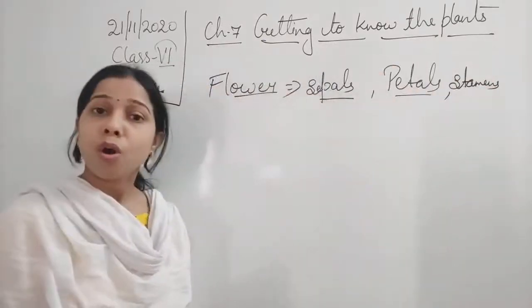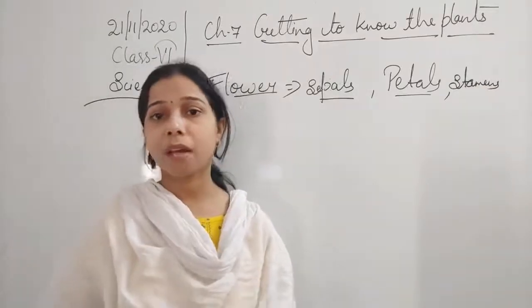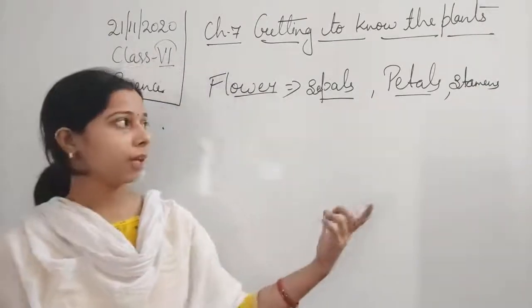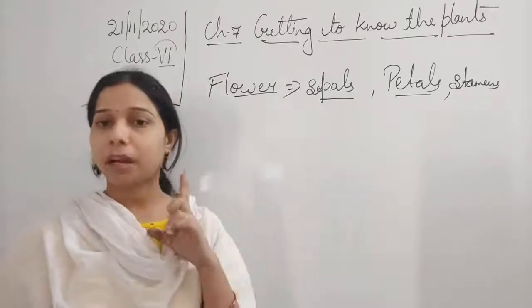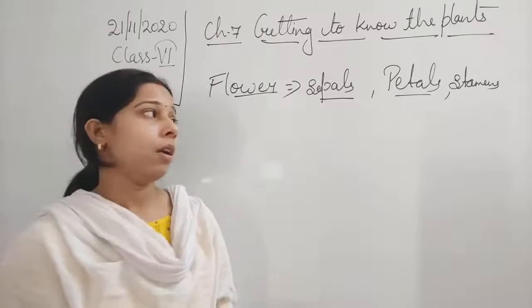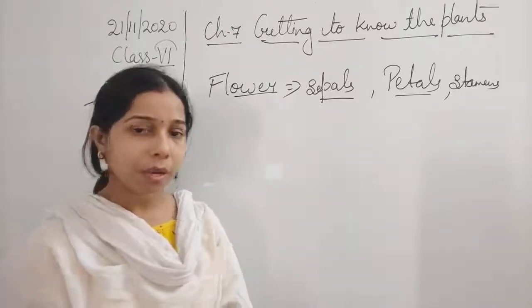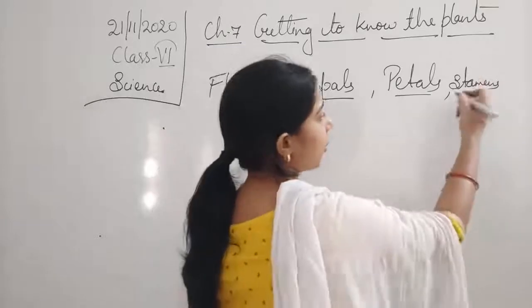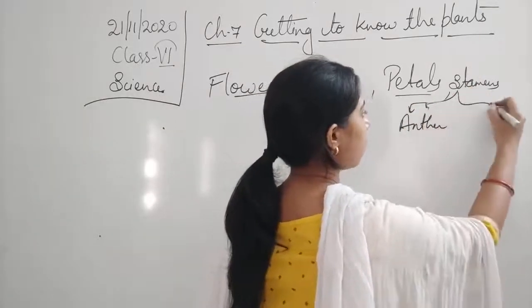Stamens. What is the stamen? This is the portion of the flower which is the male part of the flower. Now, this stamen consists of two parts, the anther and the second one is the filament.